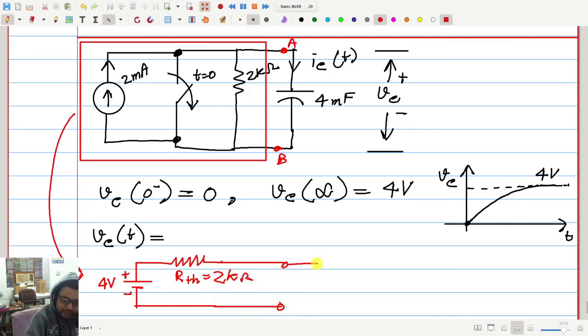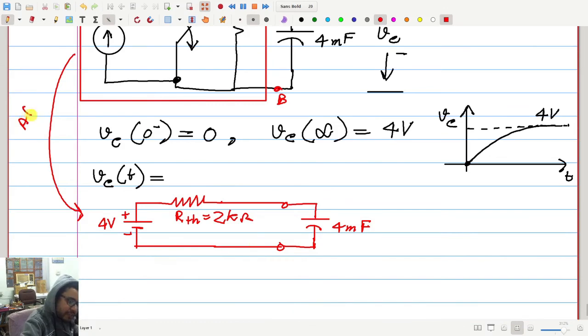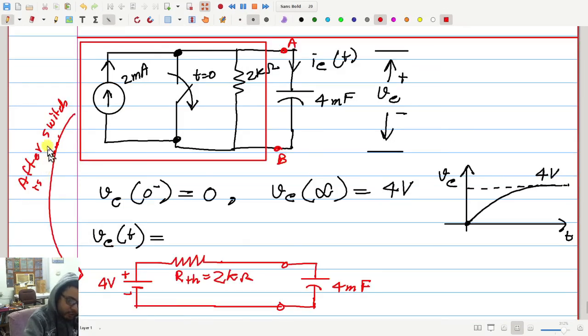And here outside we have the capacitor. So how did you calculate the 4 volt? This is after the switch is opened.